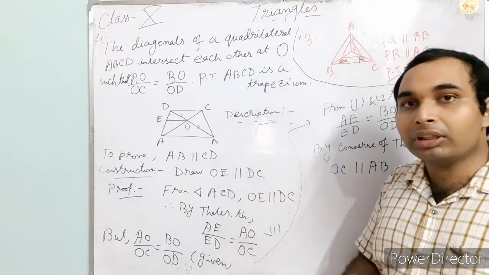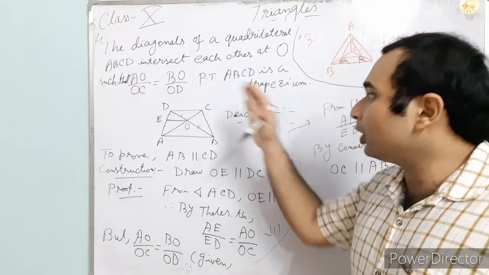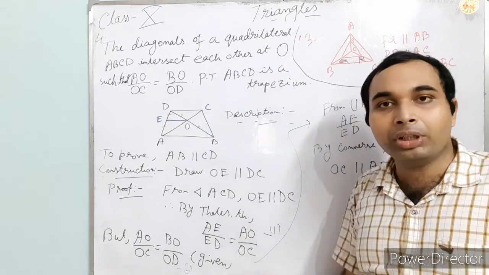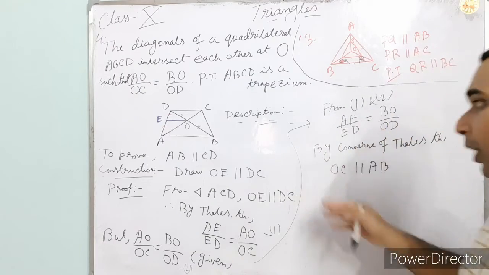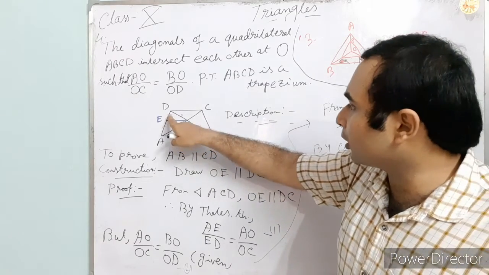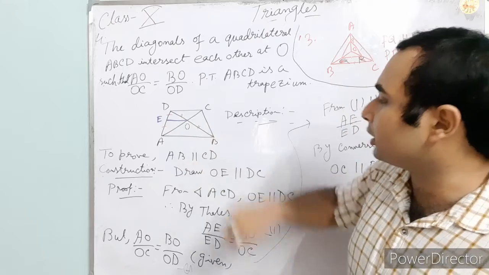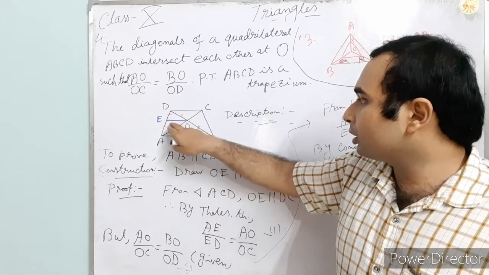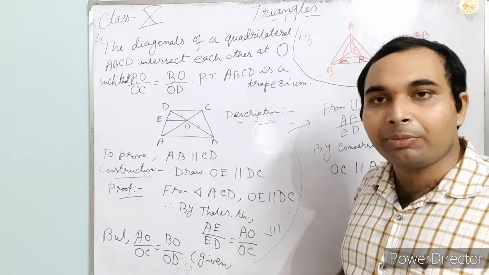The converse of Thales theorem says that if the proportionality is there, then those two sides will be parallel. So we are applying this. We have got this by this equals this by this, so definitely this OE line is parallel to AB.